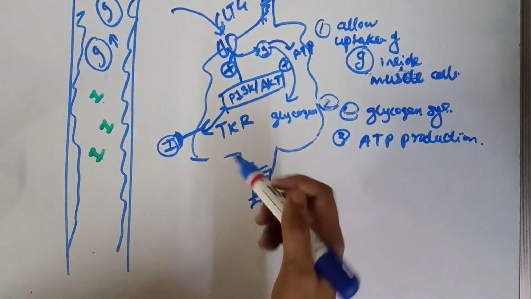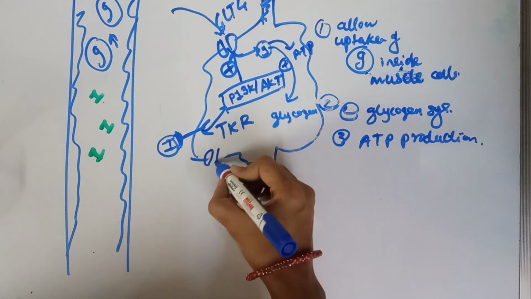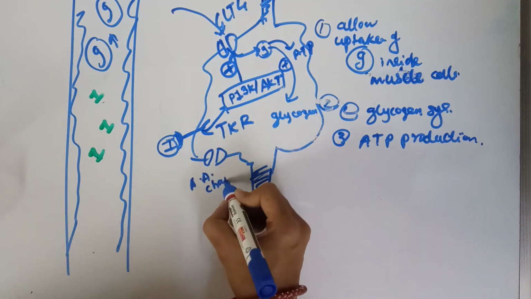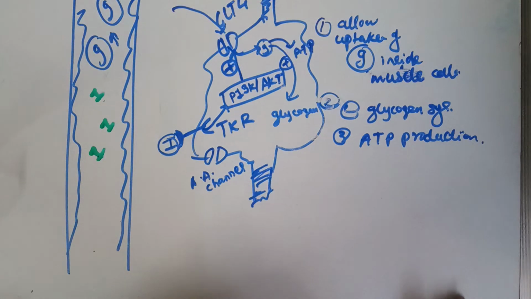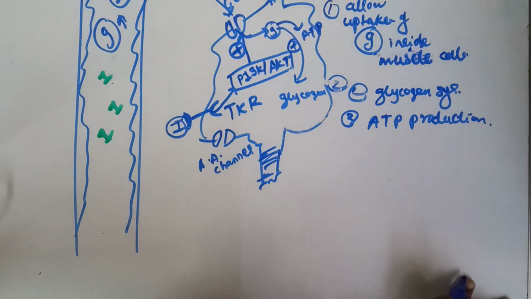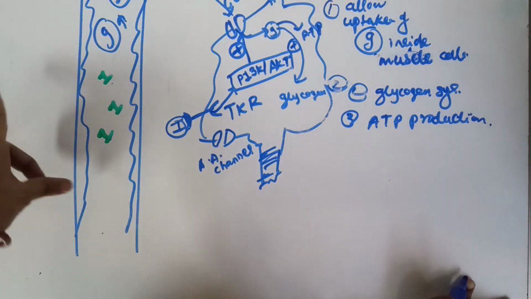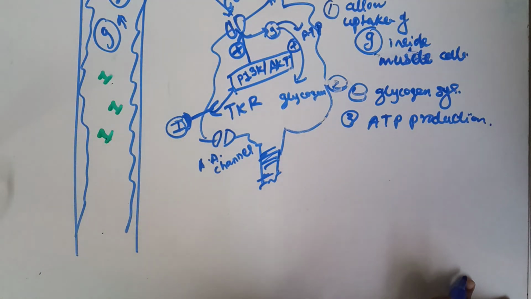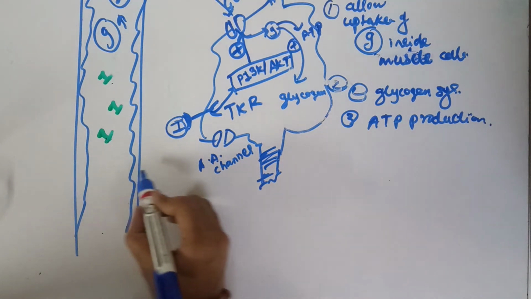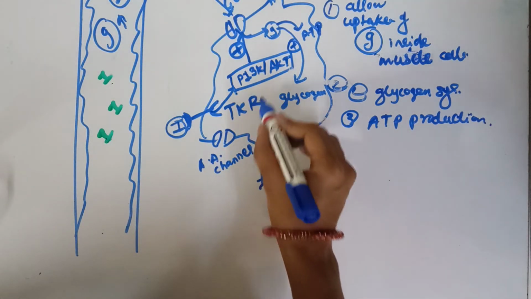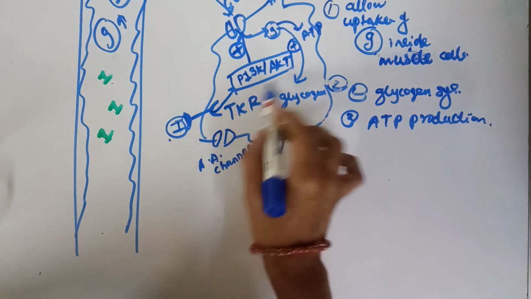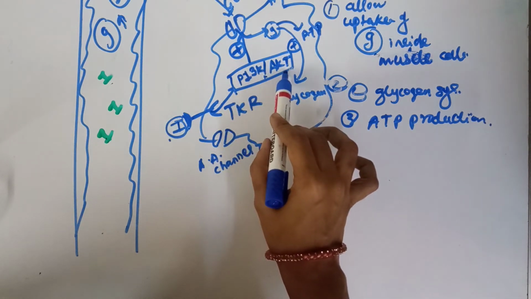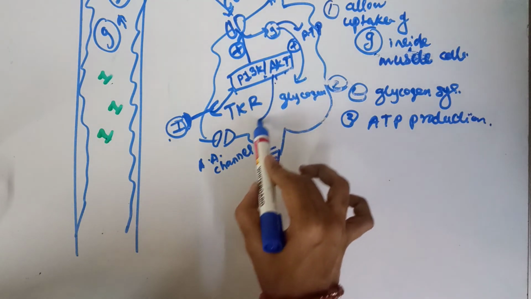After this ATP production, the muscles have one more channel, which is the amino acid channel. What is the significance of this channel? When we eat any food, obviously there is high glucose concentration plus amino acid concentration also. So when insulin activates these secondary messenger enzymes PI3K AKT set, it activates this channel also.